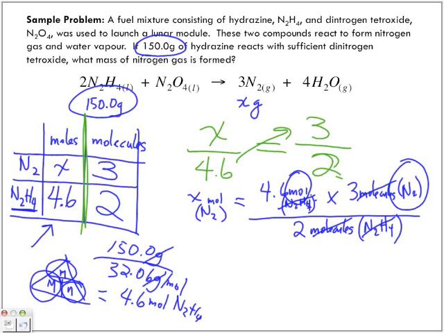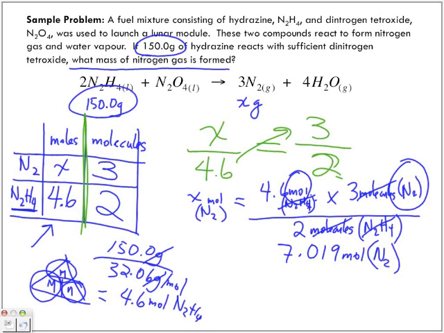So when I multiply 4.6 by 3 and divide it by 2, I get 7.019 moles of nitrogen. Okay, but I'm asked for the mass of the nitrogen gas.